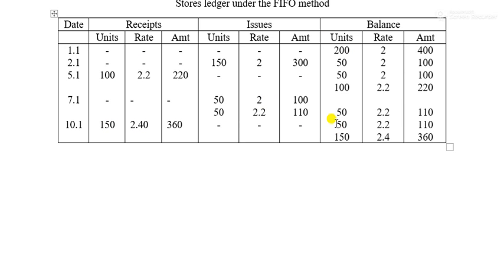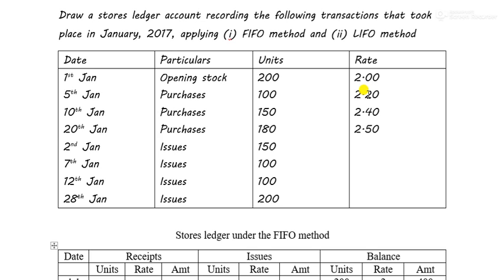So don't get confused. I am not being able to draw a line after every transaction, but students, to clear their concept, draw a line after every transaction completes so that the stocks don't get mixed up. I'm going to issue one last and then I'm going to end this class.